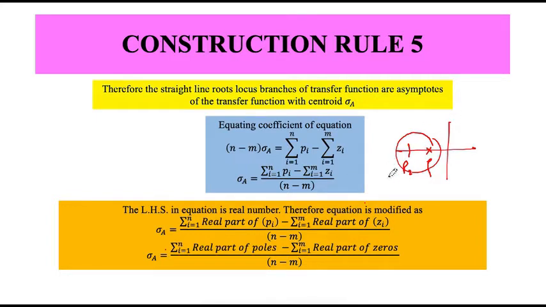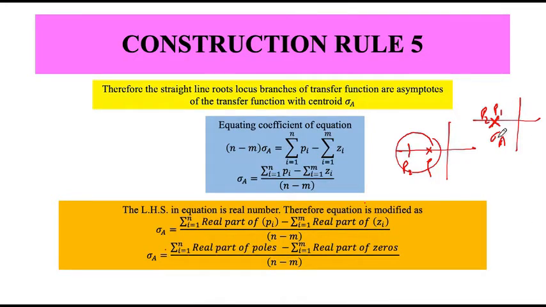So I can take this analogy and equivalently view this as two poles, p1 and p2, which from the far point are visible as one point placed at sigma a. So sigma a is in the left half plane; from infinity it looks like p1 and p2 are at the same point.